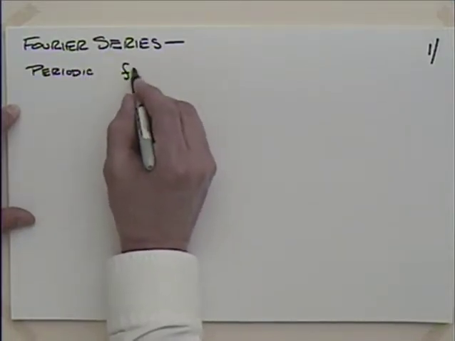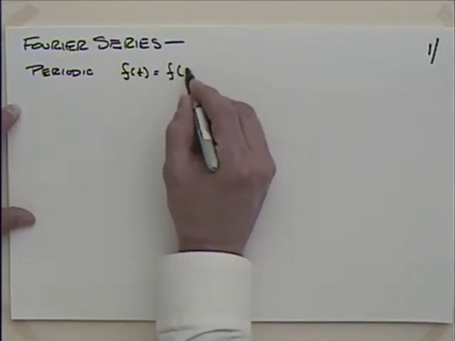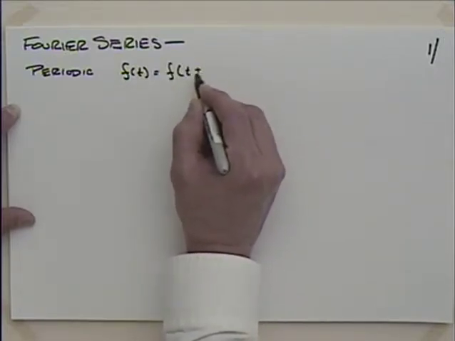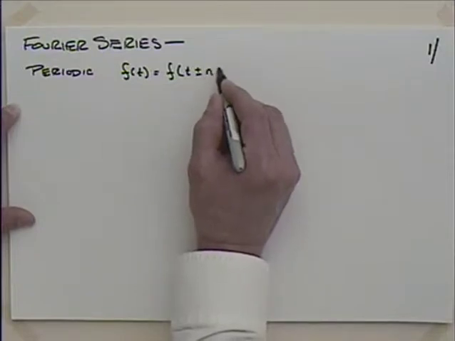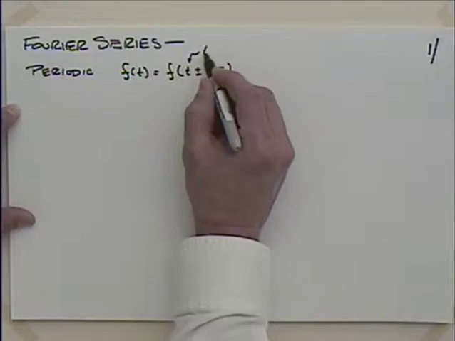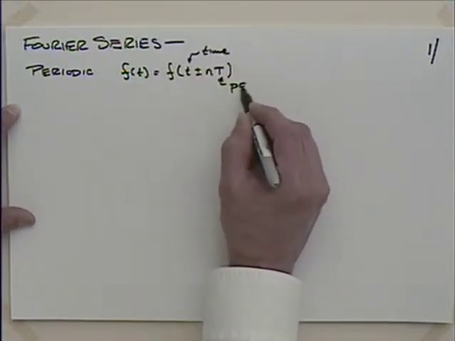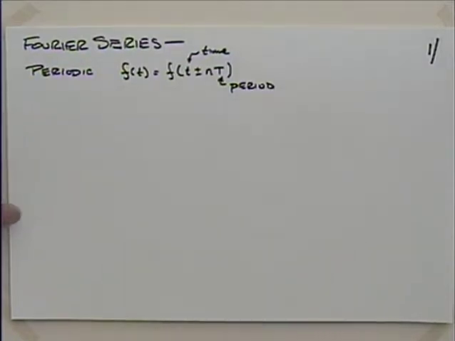The test would be if the function is equal to the function at the same time plus or minus n times the period T, where of course the little t is time, and the large T is period. Okay, so that would be the function. If that's true, it's a periodic function, and if it passes some other tests we'll talk about, you could definitely do it with Fourier series.